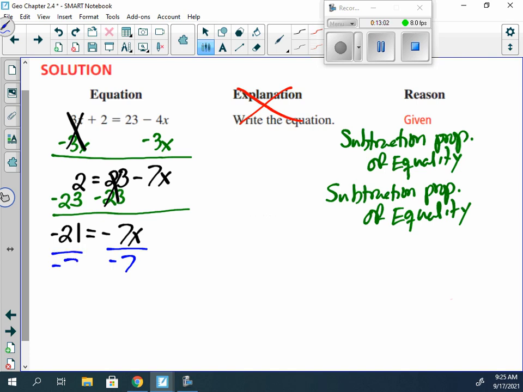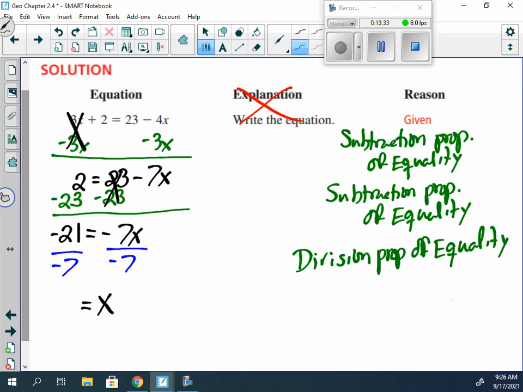We would divide both sides by negative 7. Because since negative 7 and x are being multiplied, the only way we can undo multiplication is with division. Now, the reason that we can do this is our division property of equality.